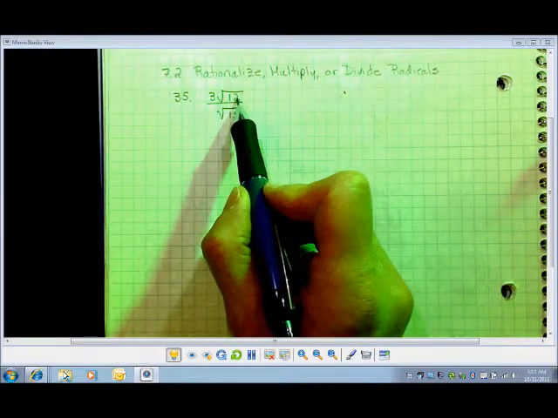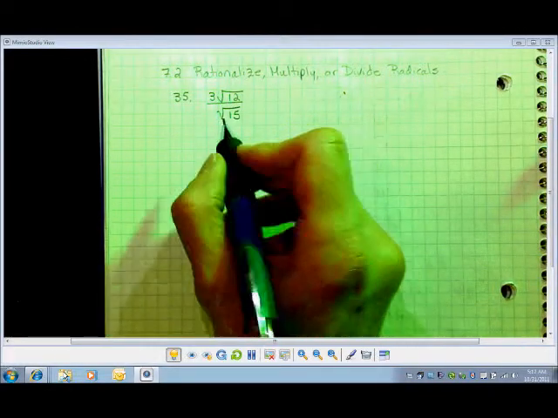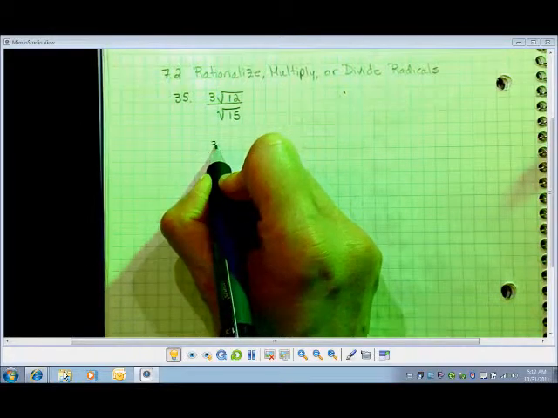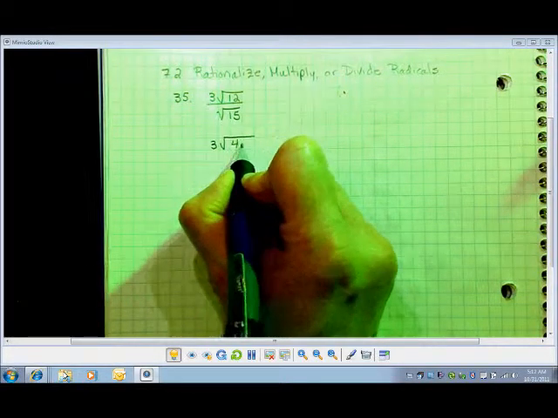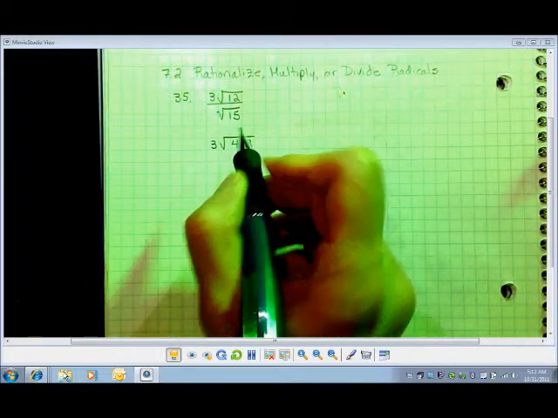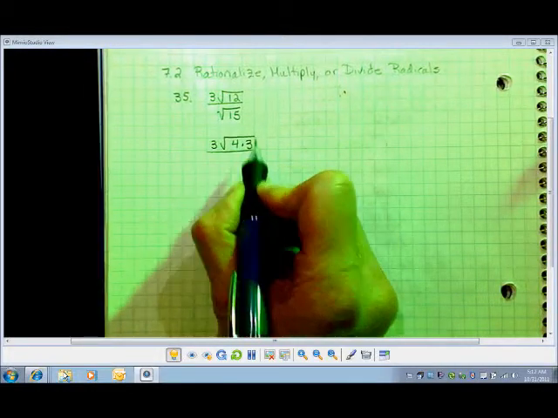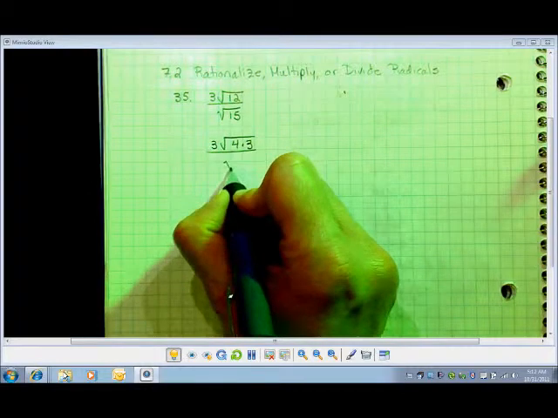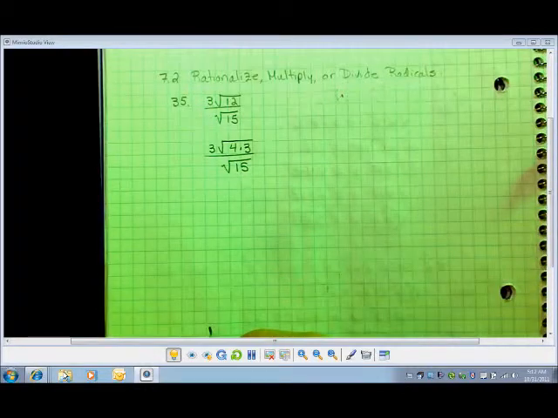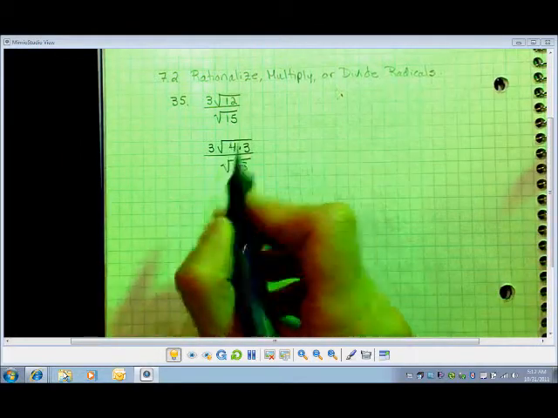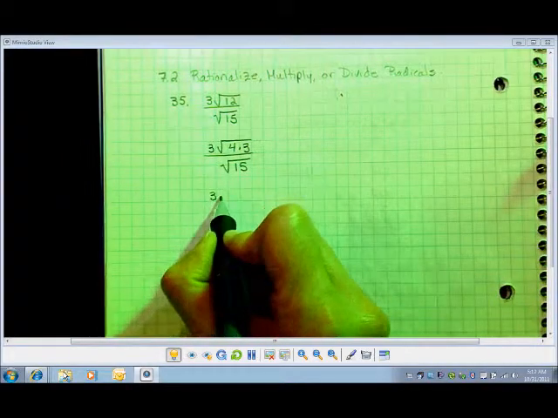Well, I know I do with 12. So that's the same as 3 times the square root of 4 times 3. And I don't have anything for the square root of 15, so I'm going to leave that, just the square root of 15. Square root of 4 is 2.